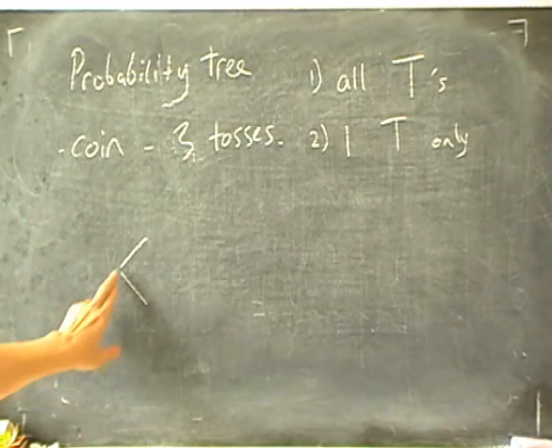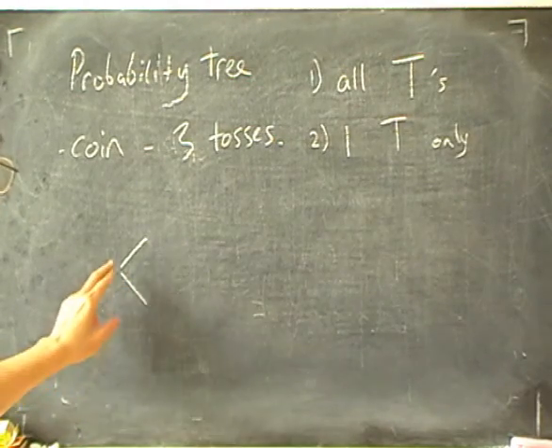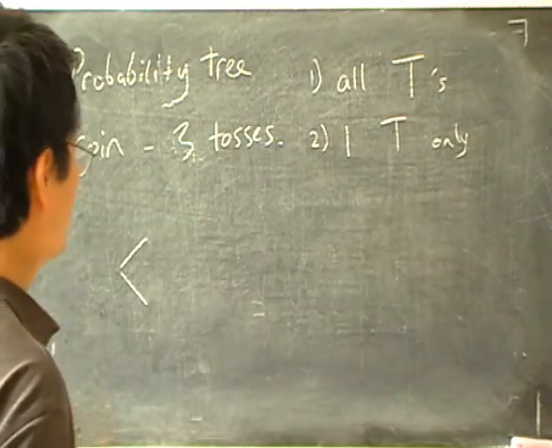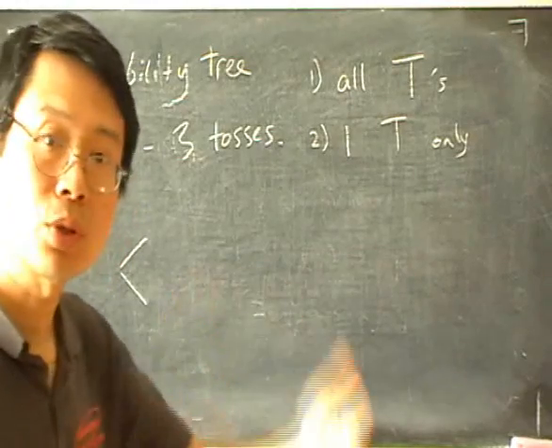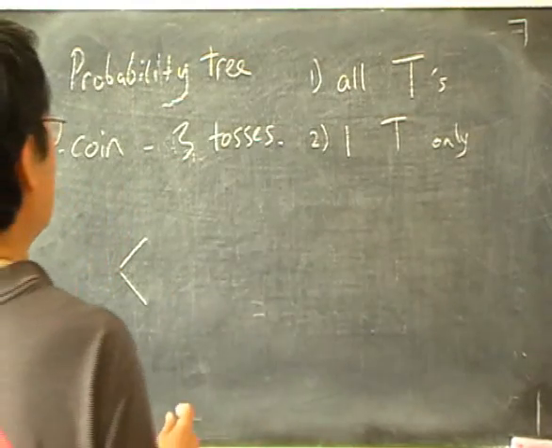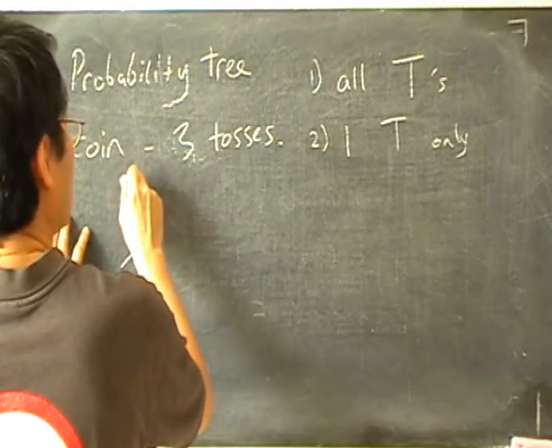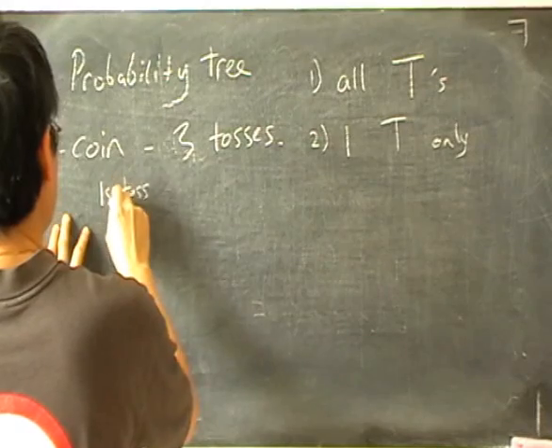So there's nothing there in the beginning. Now the 2 lines here represent 2 possible outcomes when I toss the coin once. So this is the first toss.